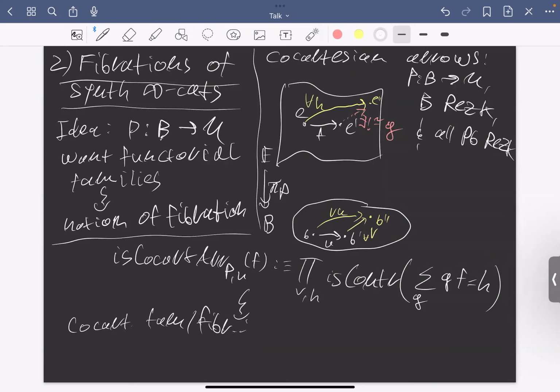Which is a family P over Rezk type B, such that all the fibers are Rezk again.